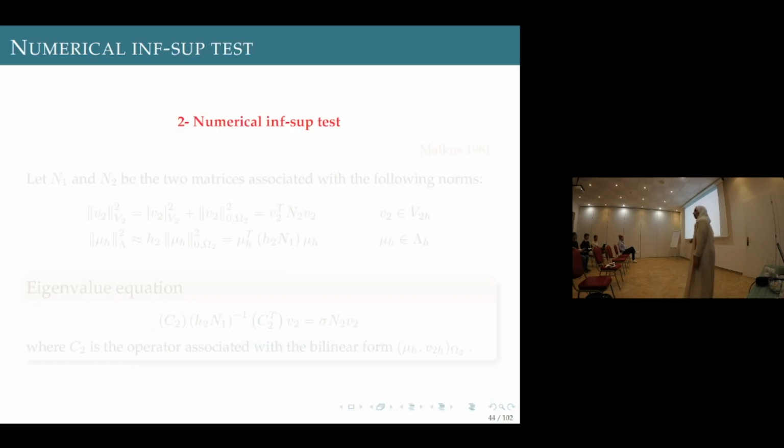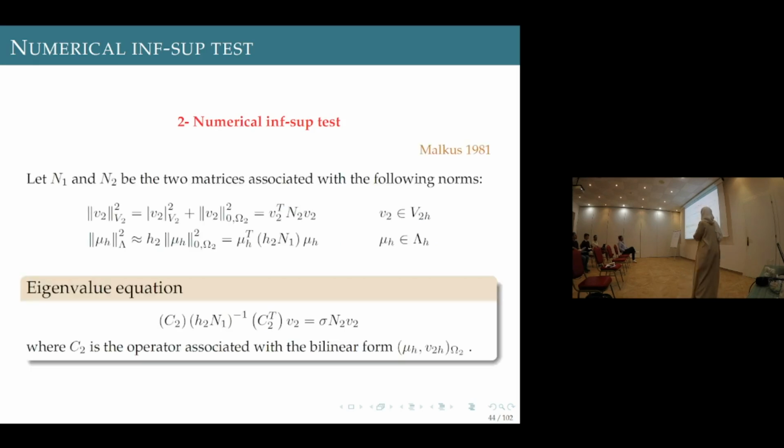The second thing that I will talk about is the numerical inf-sup test. And here we use this paper as a reference to rewrite our inf-sup condition into the eigenvalue equation here, where N1 is the matrix associated with the dual norm, N2 is the matrix associated with the H1 norm of V2, and C2 is the operator associated with this bilinear form here.